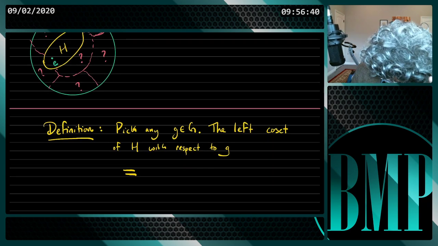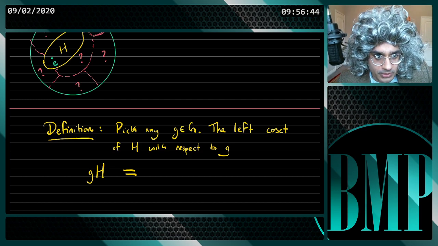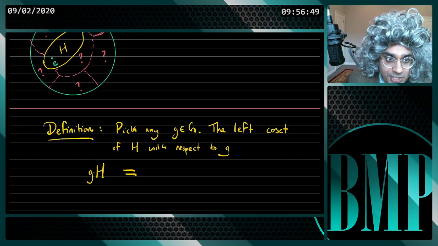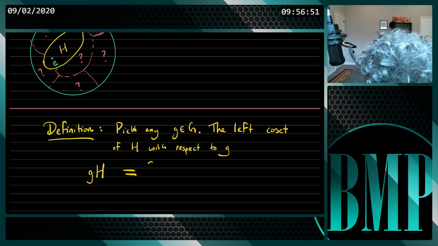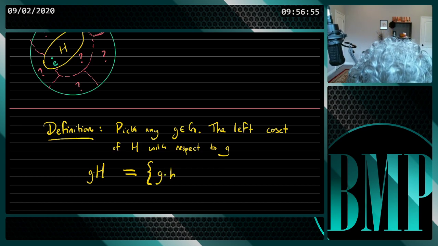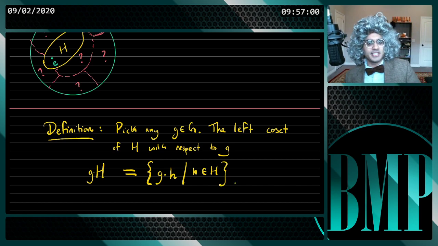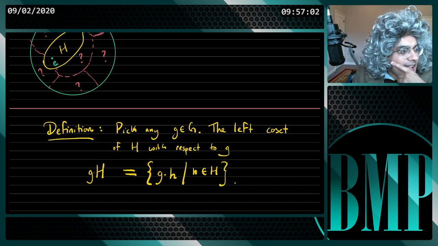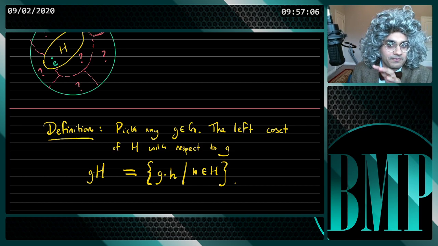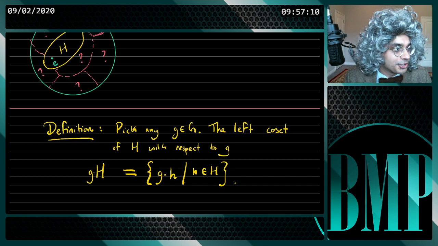The way you write it is you write g on the left, and then you put the subgroup next to it, capital H. And this is a little multiplication between g and capital H. But what we mean is the totality of elements, which are g multiplied by an element in H. So you take all the elements in H, the left coset of H in G, but attached to this little element, little g.